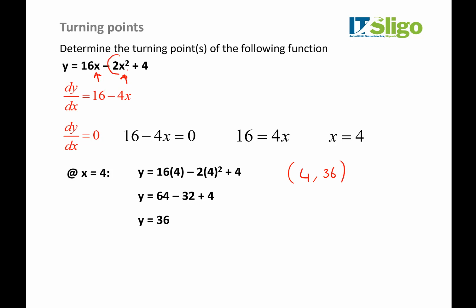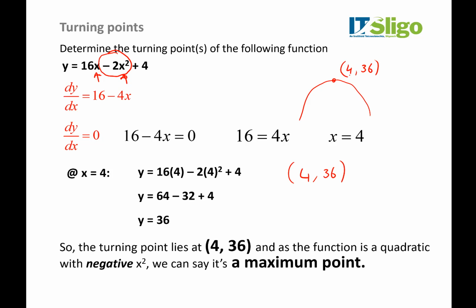Because my x squared term is negative, I know it's a not smiley curve. So my turning point then is a maximum point. So the negative x squared with a quadratic ensures we're dealing with a maximum point.